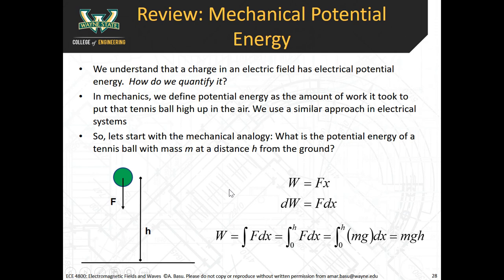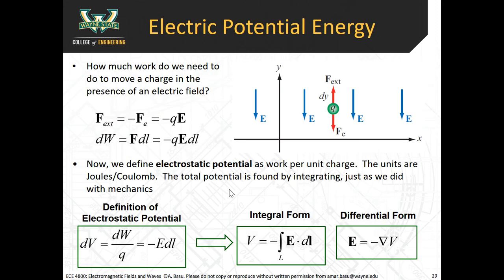In the mechanical analogy, what we were doing is moving against gravity. As we lift the tennis ball up, we're exerting a force against gravity. In the electrical analogy, imagine grabbing this little charge and moving it against the electric field. Same idea. So that's what this external force is.